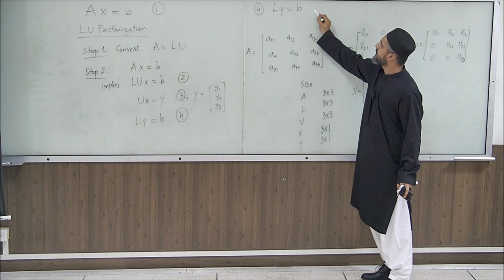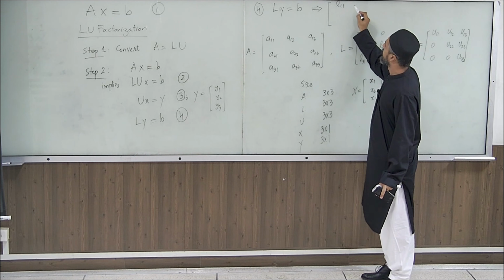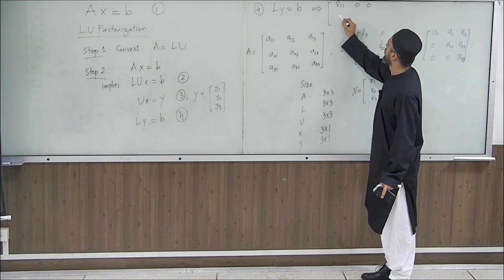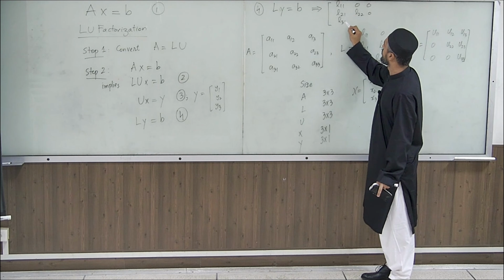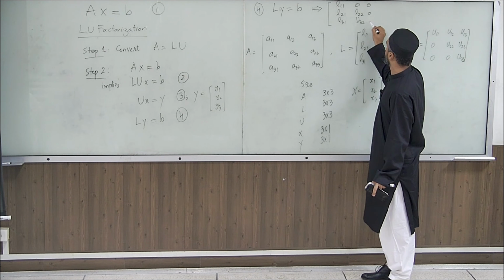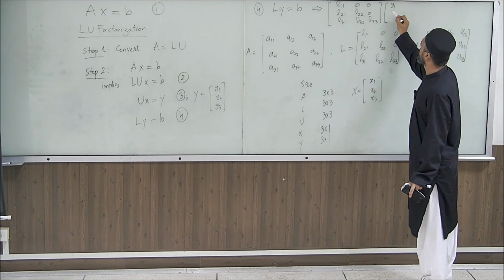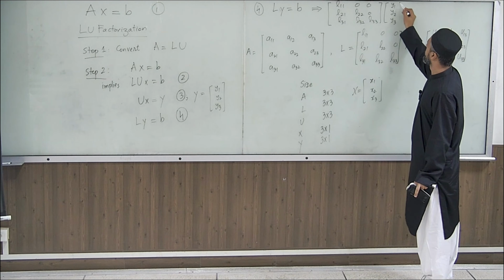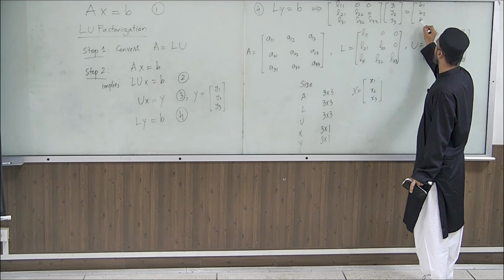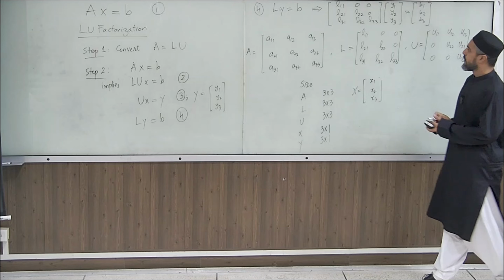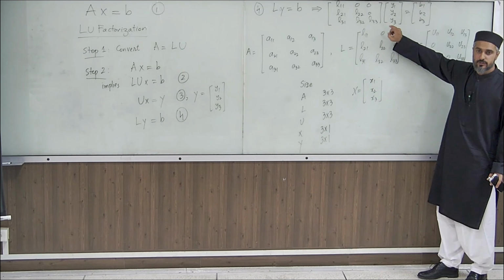So it will be like this: L11 0 0, L21 L22 0, L31 L32 and L33. So let me write y as y1, y2 and y3, and let's say b is b1, b2 and b3. So if you just see this, and if I ask you, can you find the value of y?